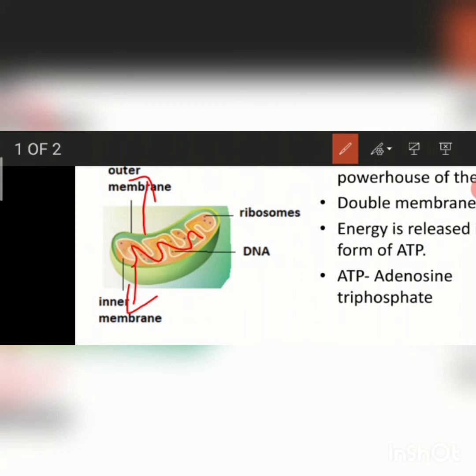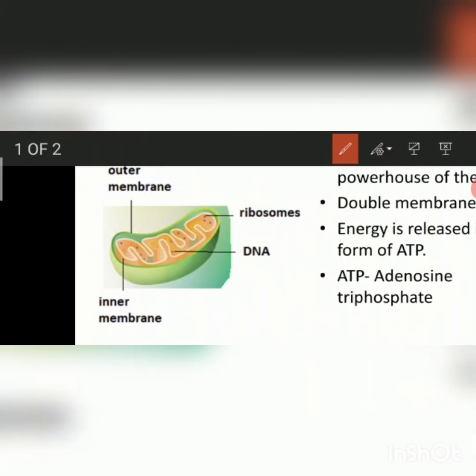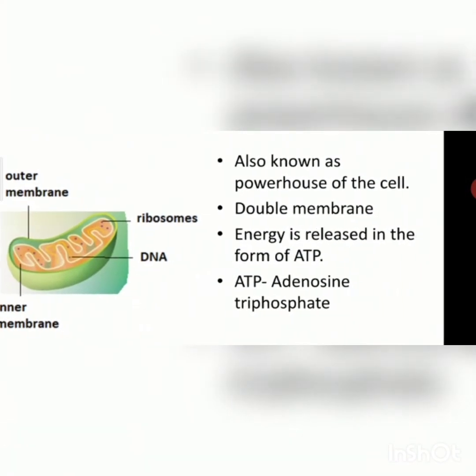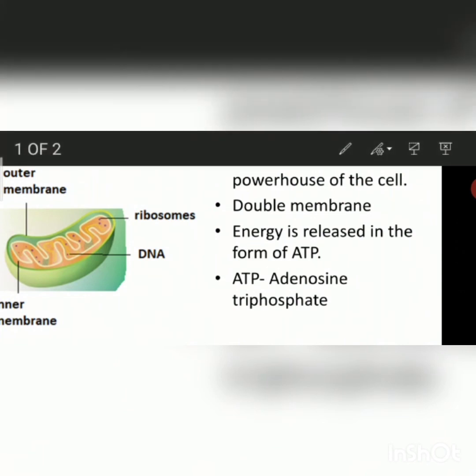Now, as you all know, we get energy from the food that we eat, right? The energy that is needed for various activities we get from food, and it is released by the mitochondria in the form of ATP molecules.